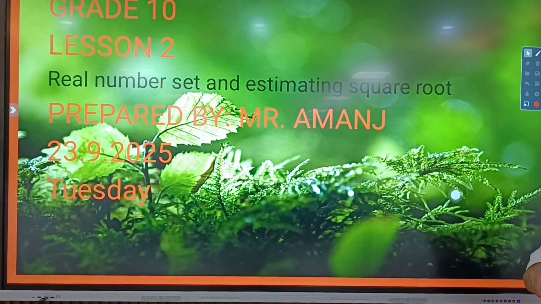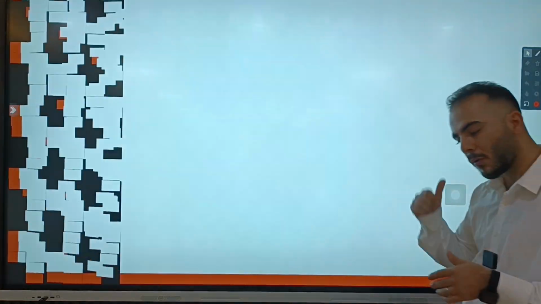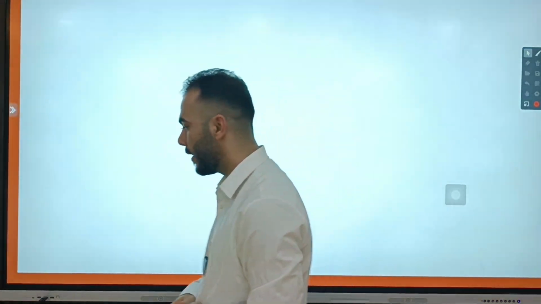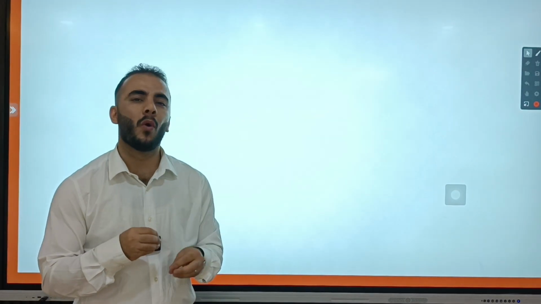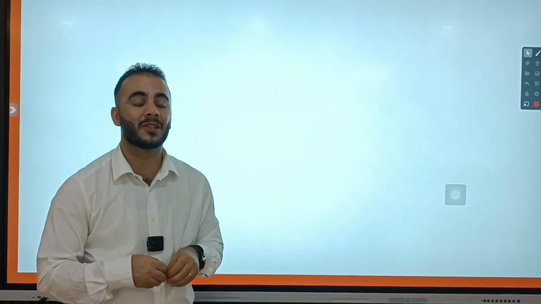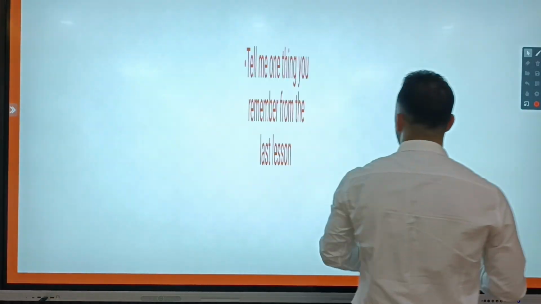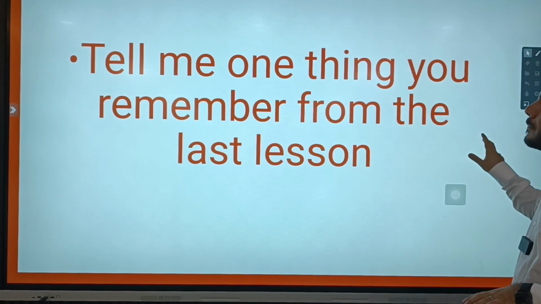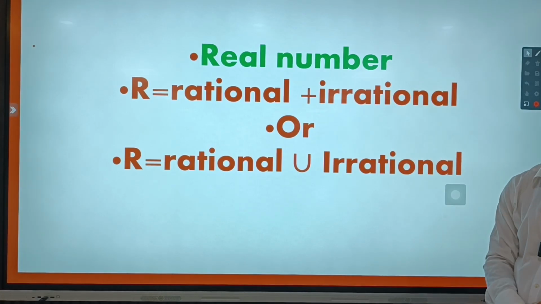And then in our second lesson, we talked about real numbers and estimating square roots. So, real numbers, as we already mentioned in the beginning of the lesson, consist of all those sets of numbers that we studied, but simply we can say that real numbers are made up of rational numbers and irrational numbers.